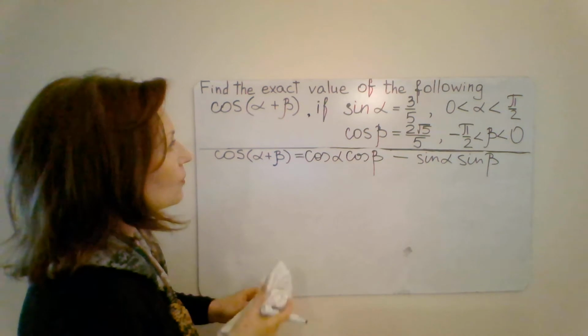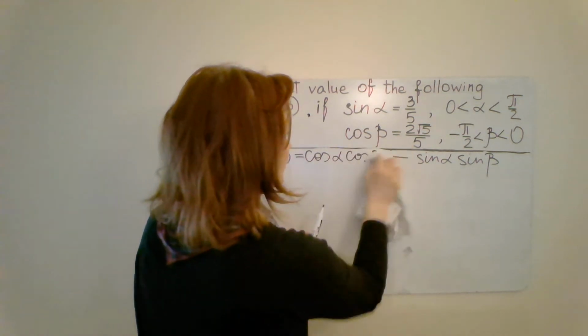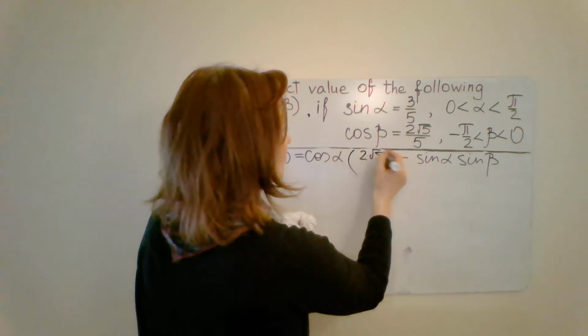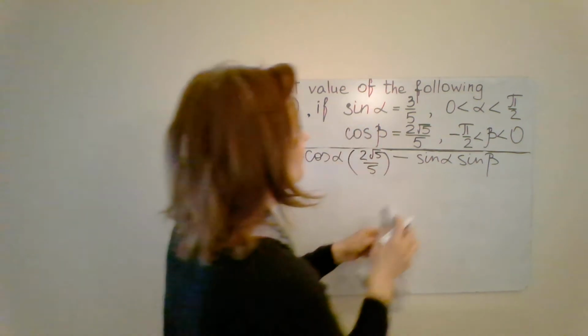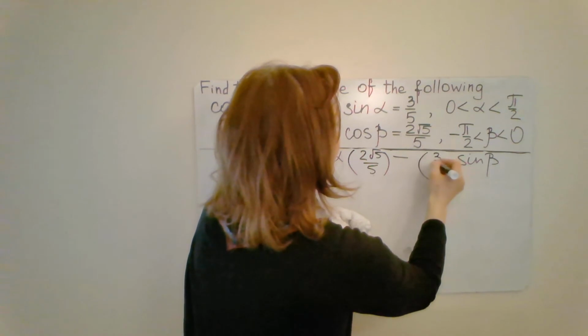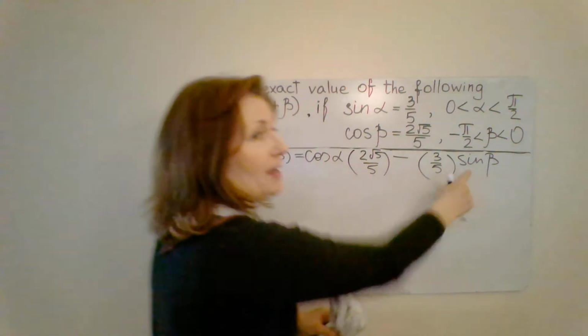We already know cosine beta is this fraction, so we can plug it right now. And we know sine alpha. We only need to find cosine alpha and sine beta.